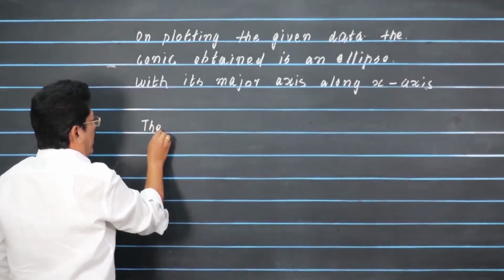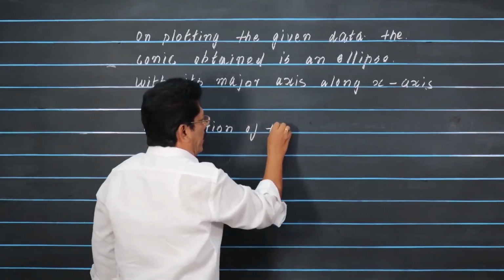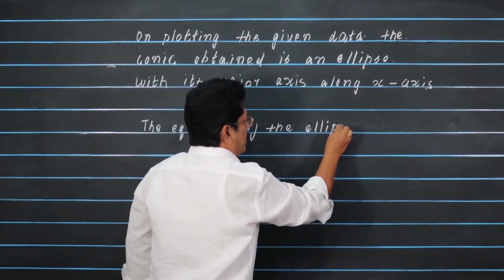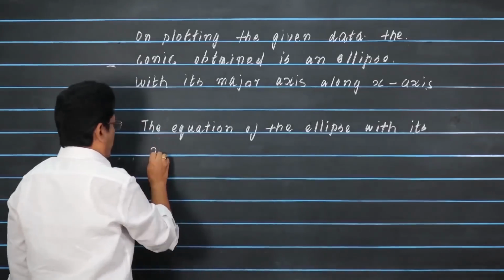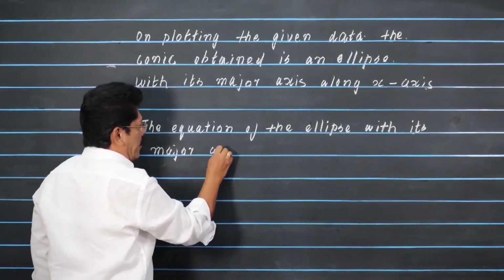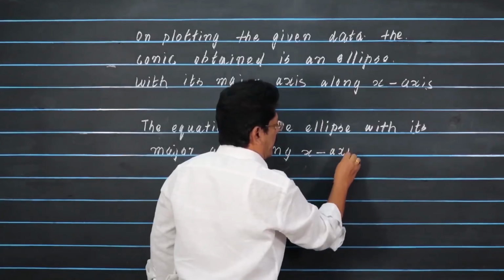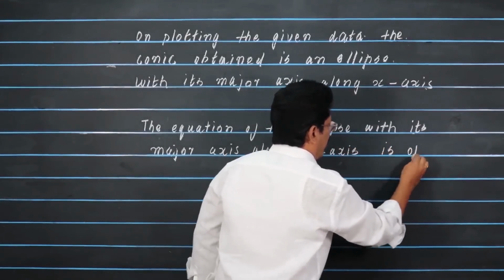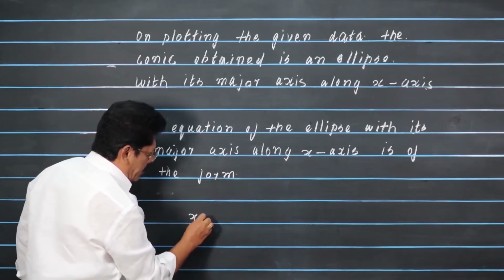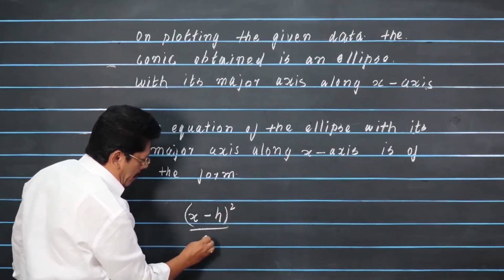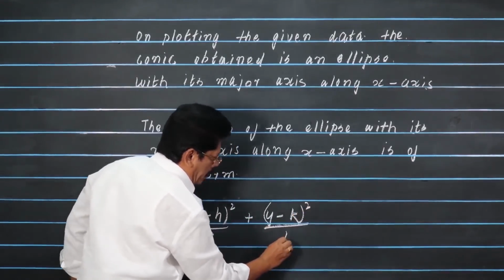Therefore, the equation of the ellipse with its major axis along x-axis is of the form (x minus h) the whole square by a square plus (y minus k) the whole square by b square is equal to 1.